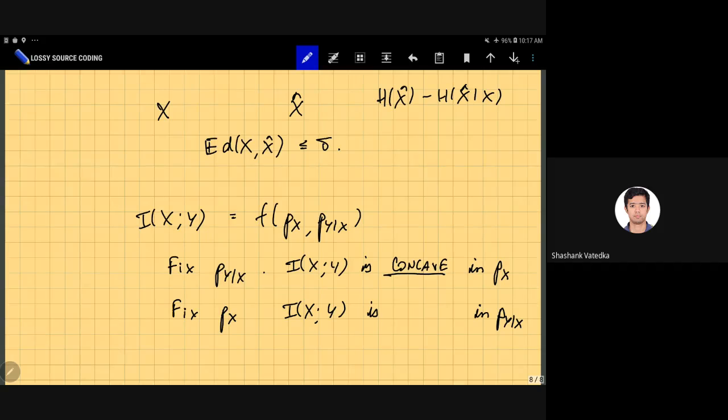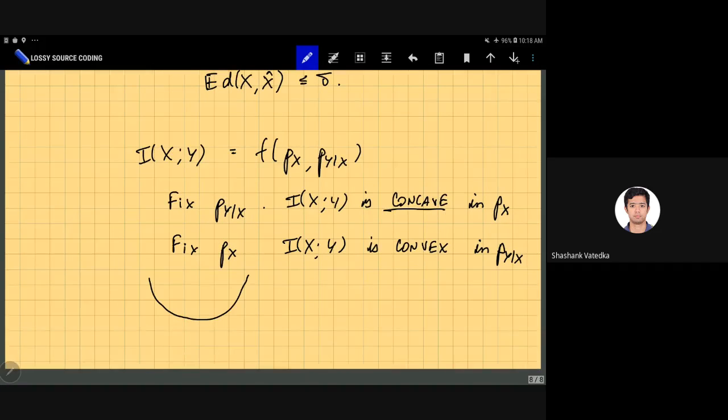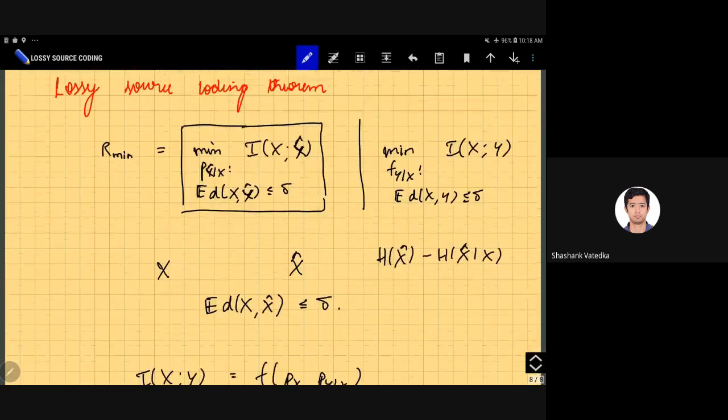It is convex, right? So it's a convex function. It's going to be something like this, and therefore, in general, you can use a convex optimization algorithm in order to solve this optimization problem, right?